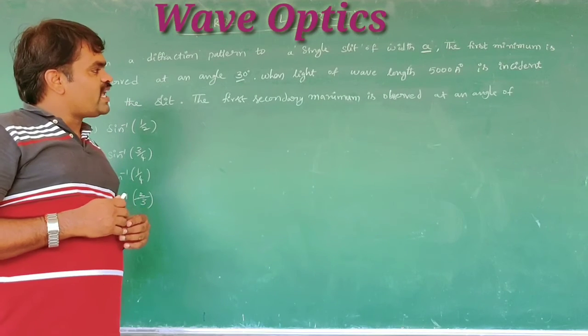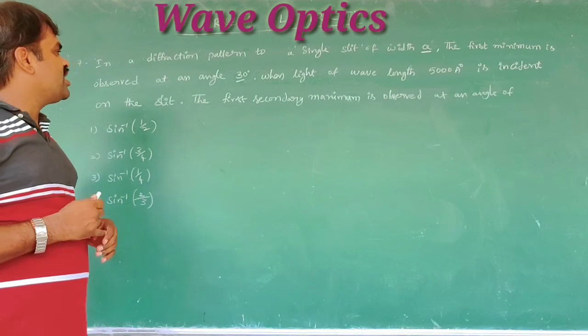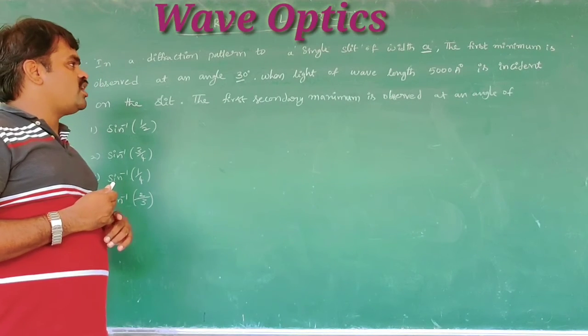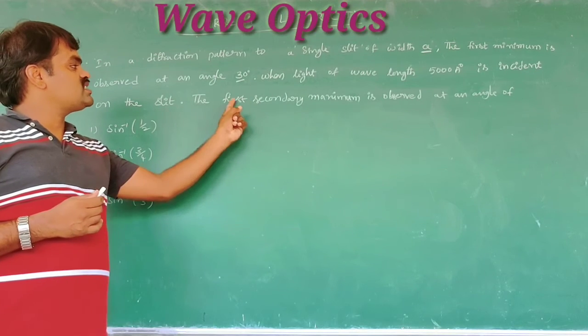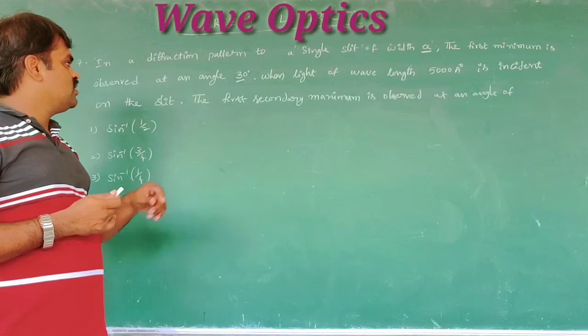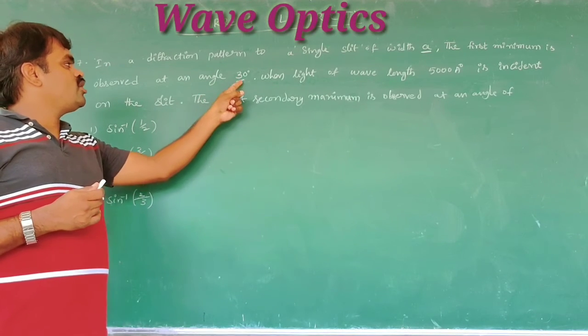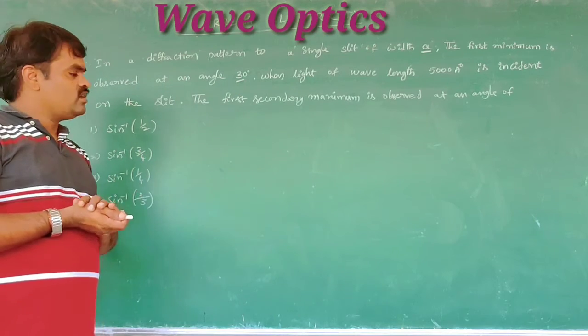The secondary maximum is observed at an angle of... here they are asking about the angular position of the first secondary maxima. They have given the angular position of the first minima.